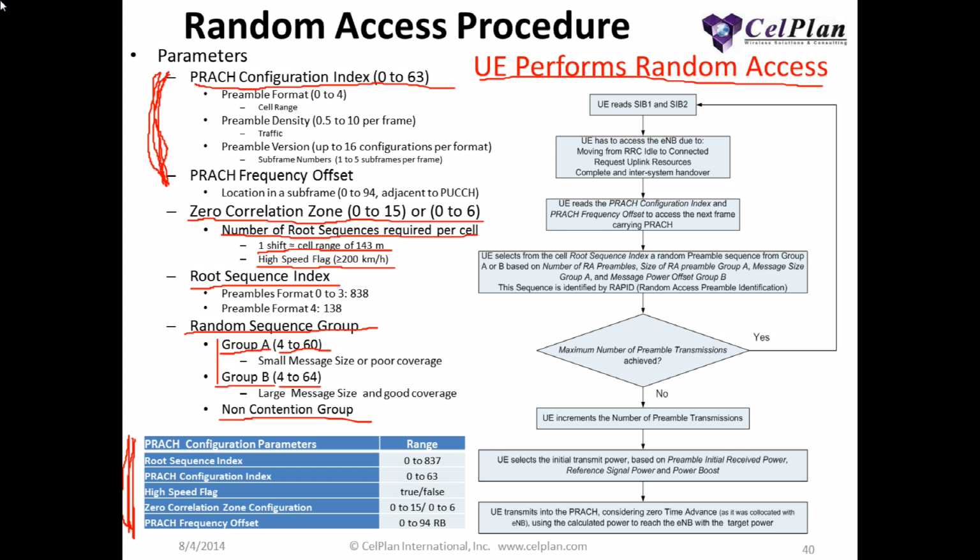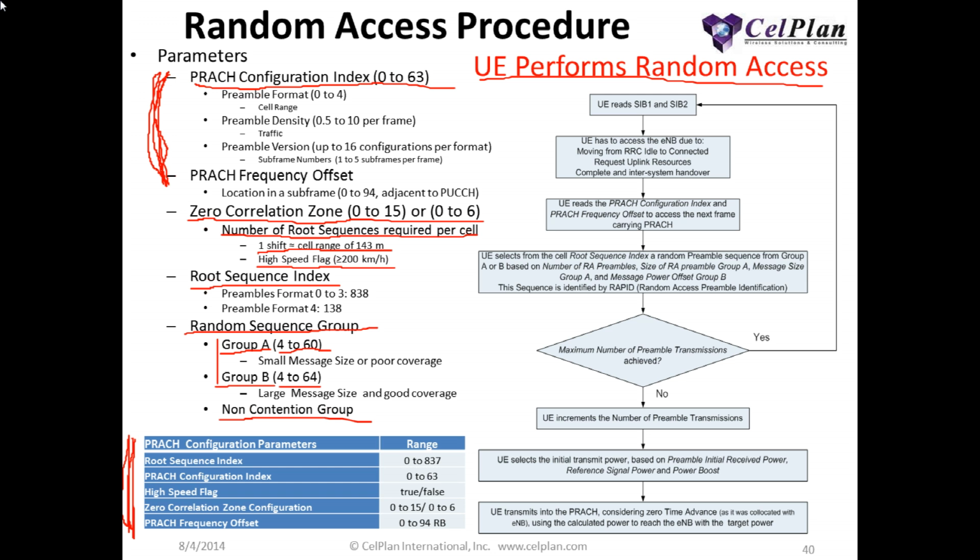I cannot send large messages at once, so I need a small allocation. Group B means that I have a large message to send and I am in a good coverage. So this is a way of sending implicitly a message by selecting the codes. But by dividing in 2 groups, you may run out of codes in one of them, and that creates some kind of constraint.